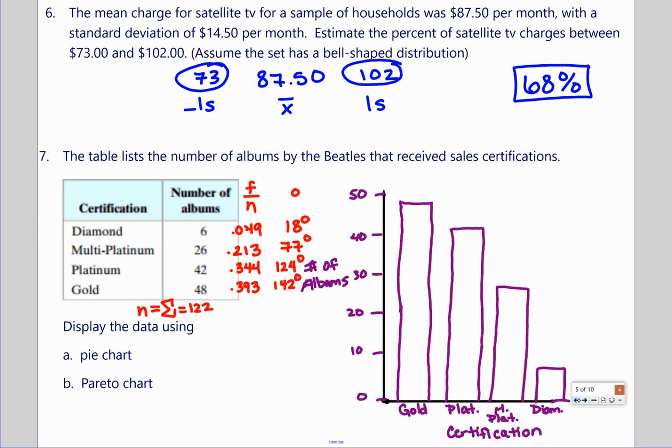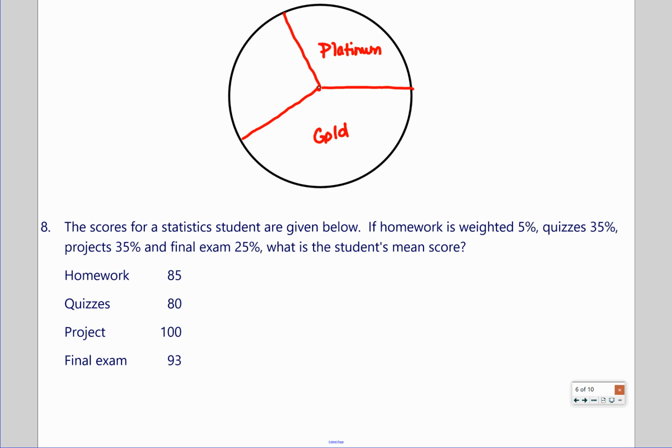All right, then multi-platinum was 77 degrees. Maybe something like that. And then the last one was diamond. Okay.